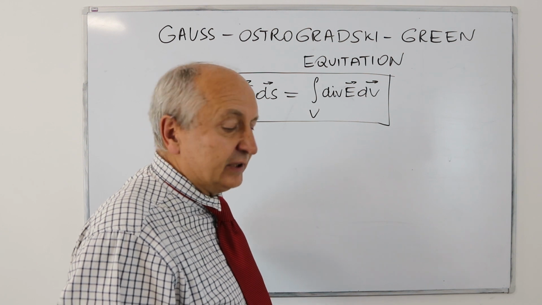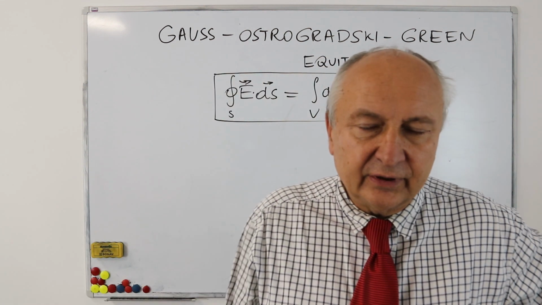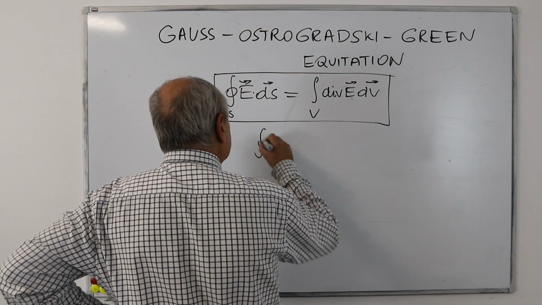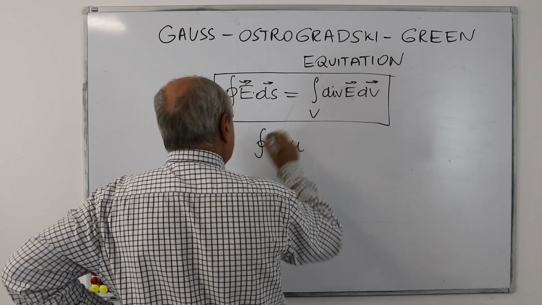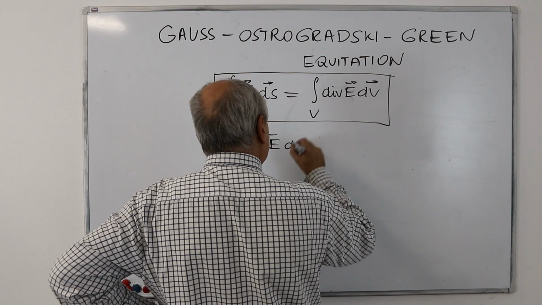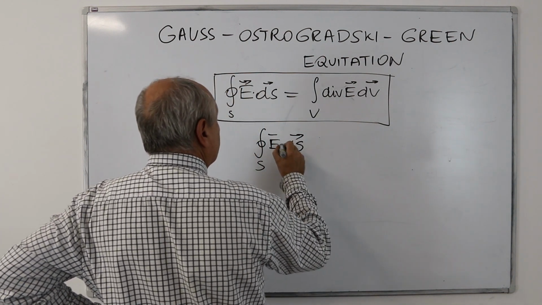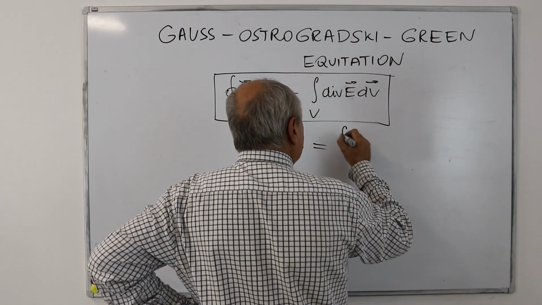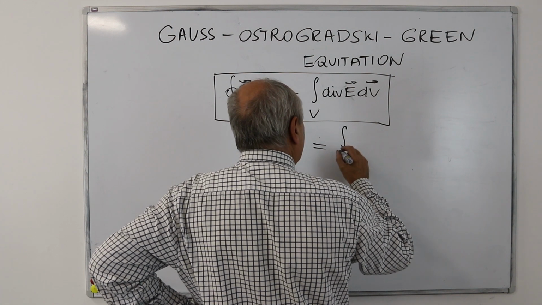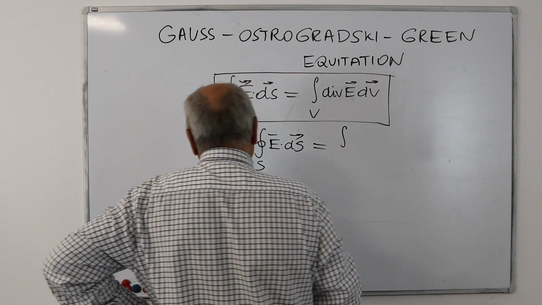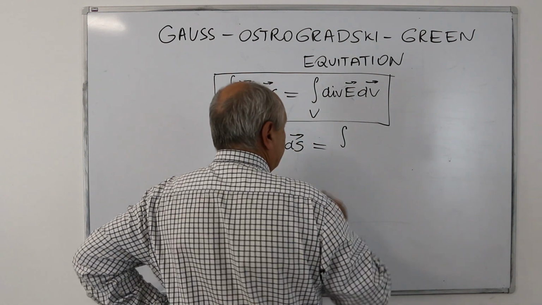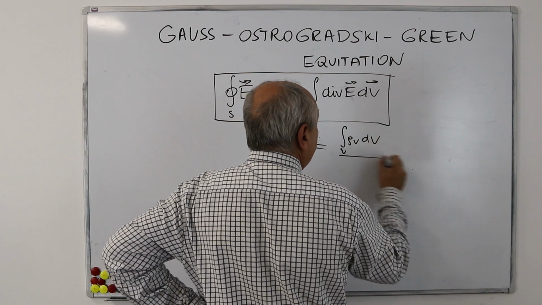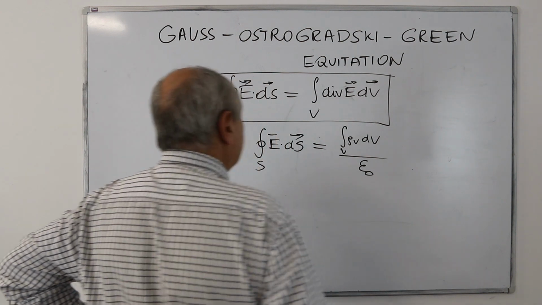We apply this to obtain the point form of Gauss law. I write one more time Gauss law. This is Gauss law, and on the right side I will write the charge, for volume distribution of the charge, integral rho v dv divided by epsilon 0.